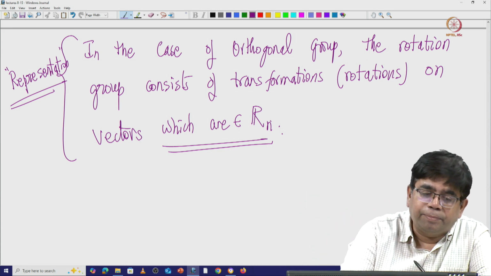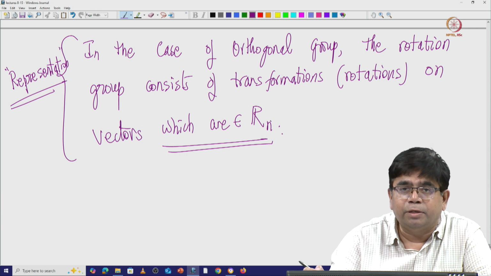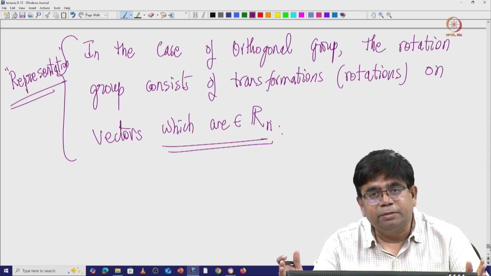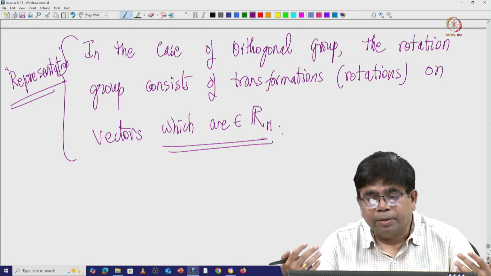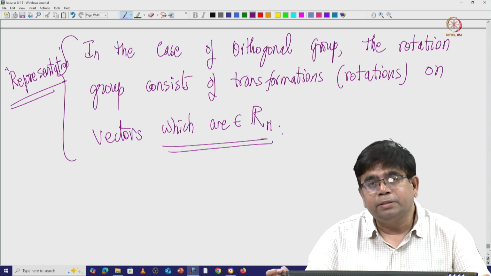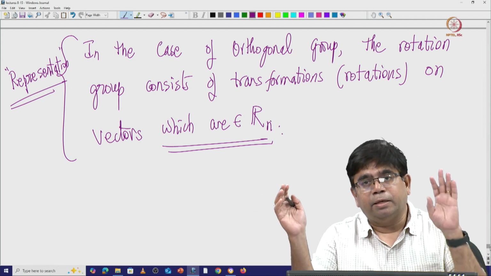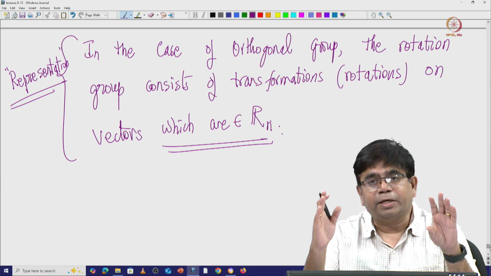So for unitary groups and orthogonal groups we have something called a defining representation. That means the vector space we choose is the representation through which we define the group itself. In general we can define rotations as some abstract operator acting on some vector space.